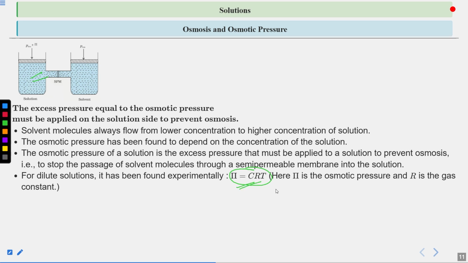The concentration is in terms of molarity. This pressure is applied onto the higher concentration side. Remember, suppose something is pushing from the right to the left and you want to stop this pushing, so you will apply opposite pressure. Of course you will apply it on this side.